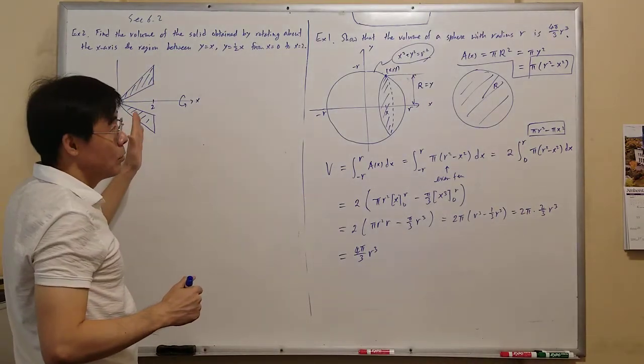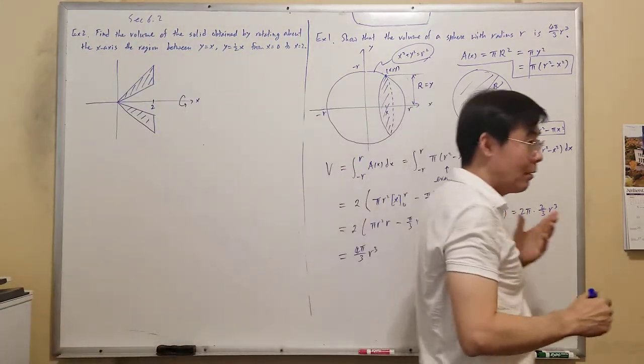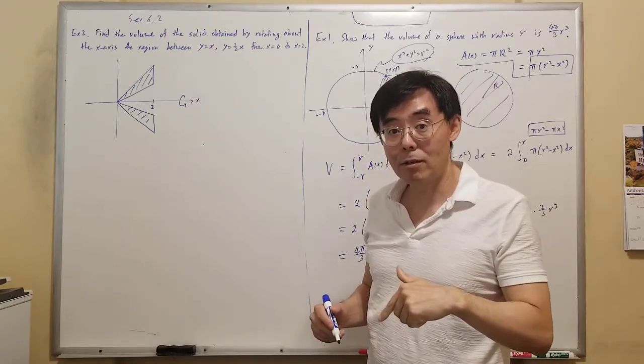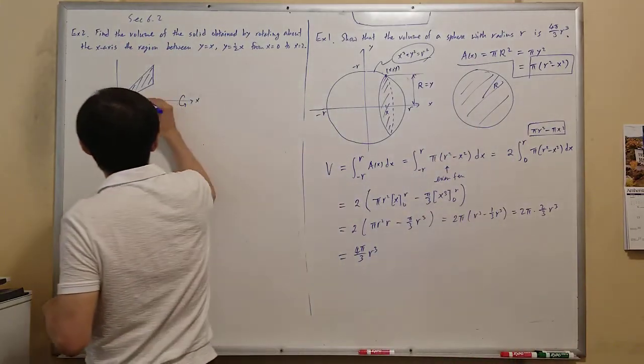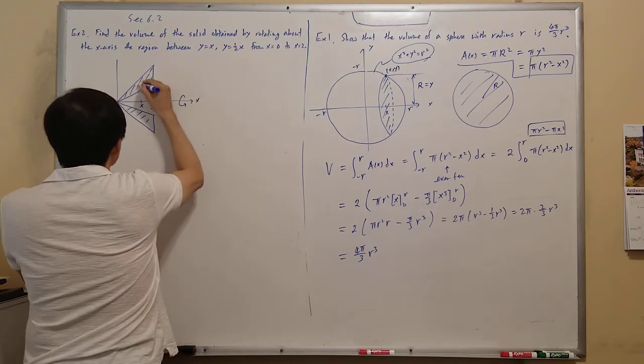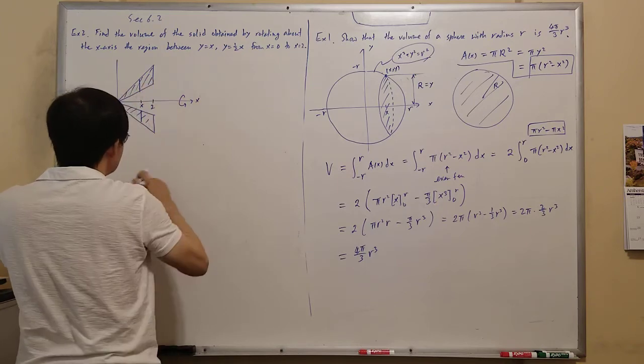And again, same approach. In order to find the volume of the solid, we just need to find the cross-sectional area function. Let's say this is x. We need to find the cross-sectional area. Cut it through this.